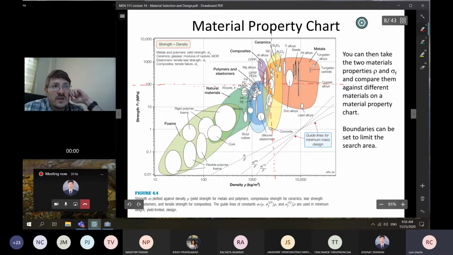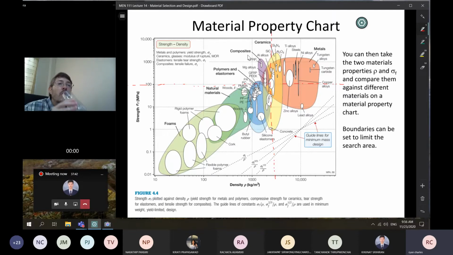We see aluminum is very close. We see that there are ceramics perhaps, but as a tie rod, no. Perhaps a polymer, probably not. Well, maybe composites could be of interest too. So you see things like magnesium and aluminum, perhaps a composite might satisfy the requirements. We'd also have to consider perhaps toughness, and then cost and things like that.